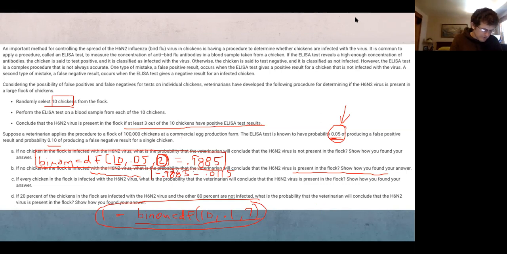Binomial CDF, 10 trials, 0.9 probability, and I want to see the probability that there's only 0, 1, or 2 chickens that test positive. And if you try both of these in your calculator, you get the same answer.